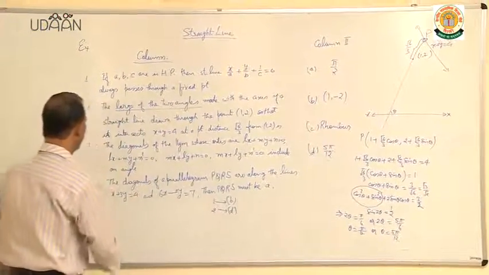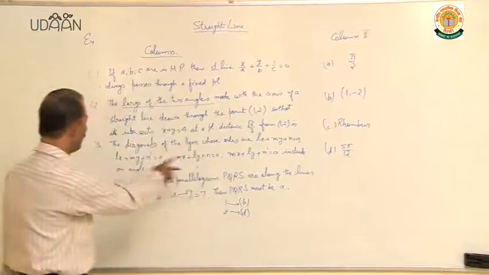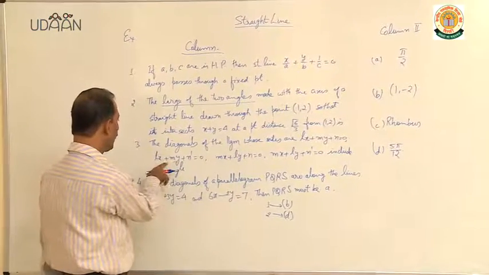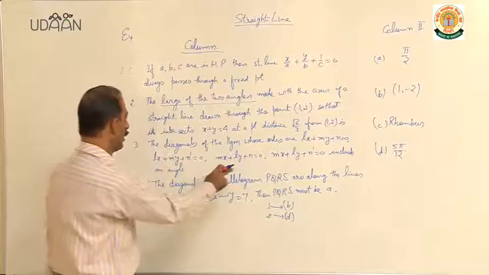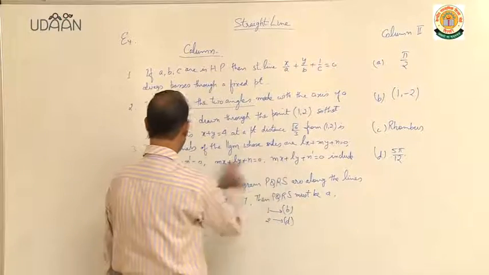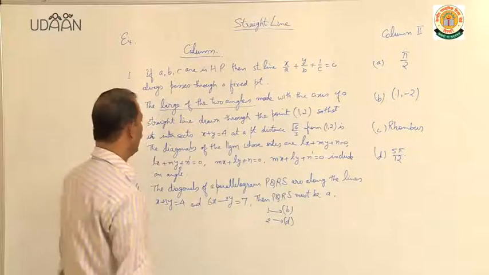Now third: the diagonals of a parallelogram whose sides are Lx plus My plus n and Lx plus My plus n dash, and another two sides are given like this. We have to find the angle between these.